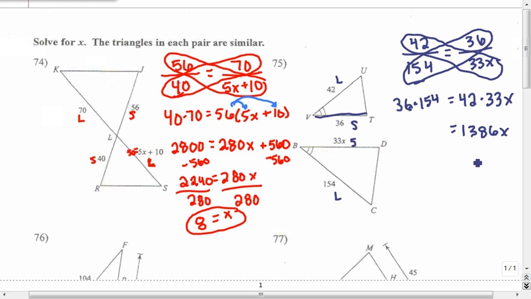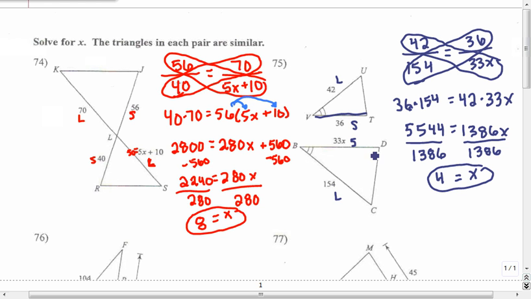Okay, what is 36 times 154? 5,544. Very good. Thank you. So now we're going to divide both sides of the equation by 1,386 to find out that x equals 4.